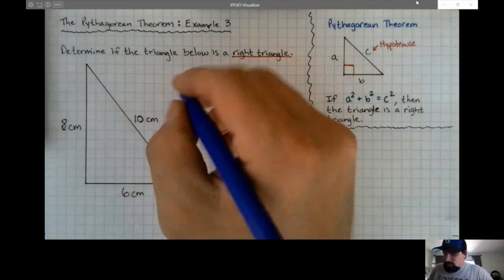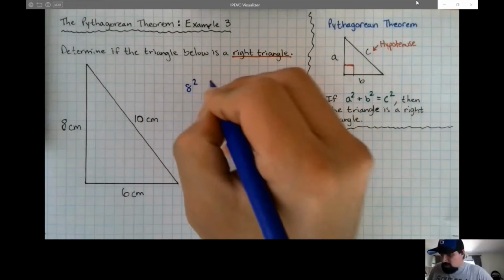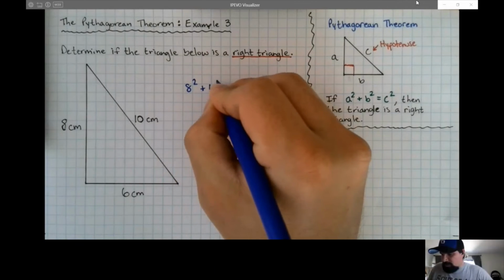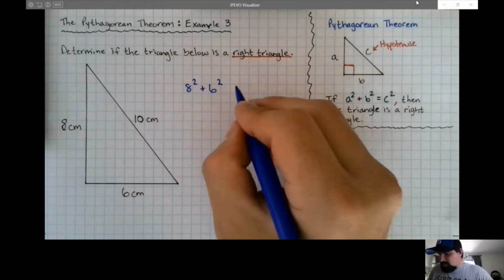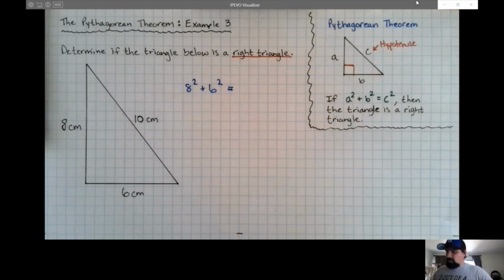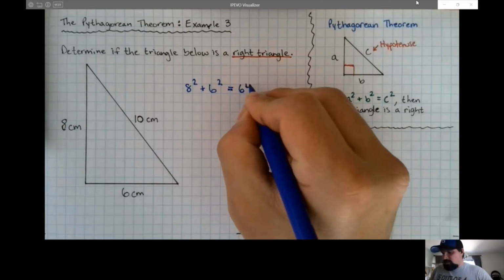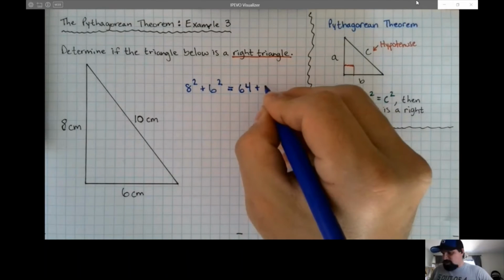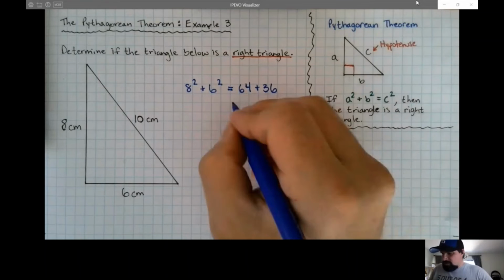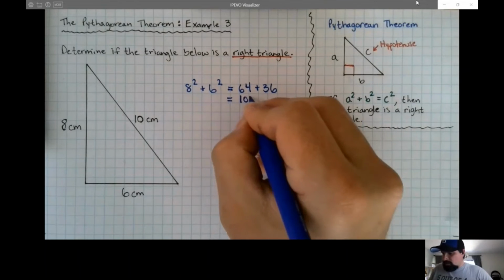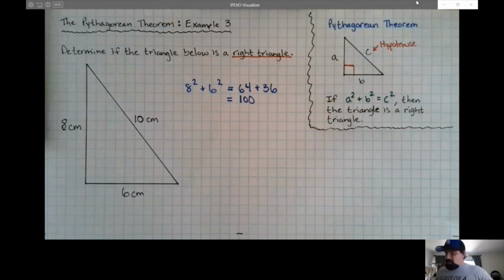We're going to have 8 squared plus 6 squared, which is equal to 64 plus 36. This equals 100.